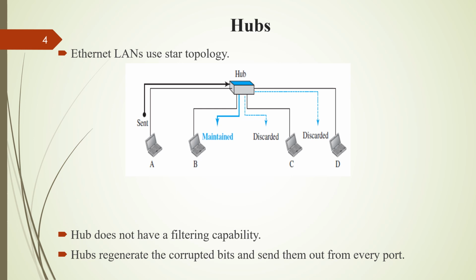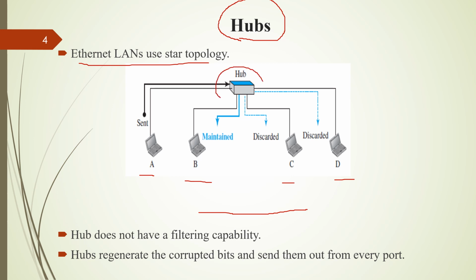Standard Ethernet or Ethernet LAN uses star topology. In star topology, the repeater is normally known as a hub. In the figure we can see the star topology where the 4 stations, that is station A, station B, station C, station D, are connected to a common device called a hub.